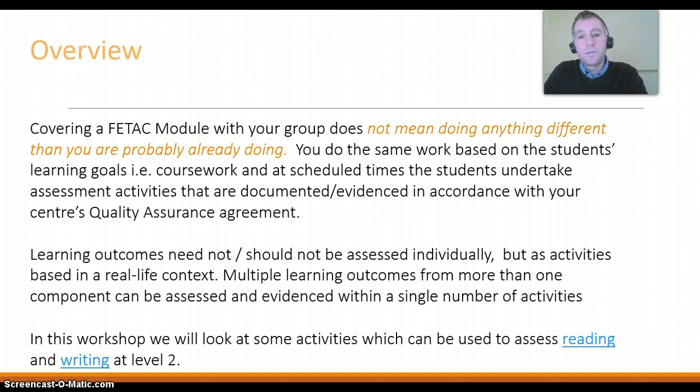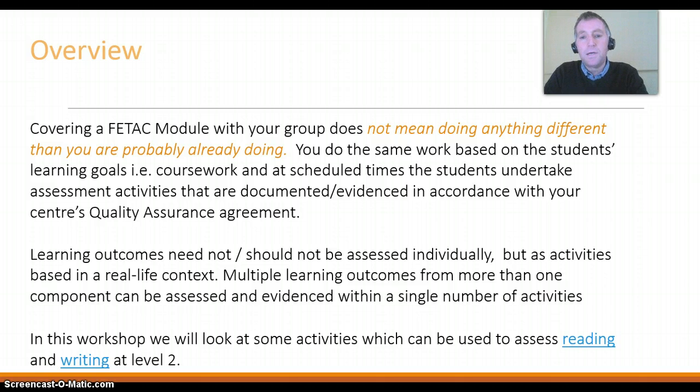Second important thing to remember is learning outcomes should not be assessed individually, but as activities based in real life, in a real life context. Multiple learning outcomes from more than one component can be assessed and evidenced within a single number of activities. That means you can do a reading, a writing, listening, speaking, and computer activity all in the one activity.